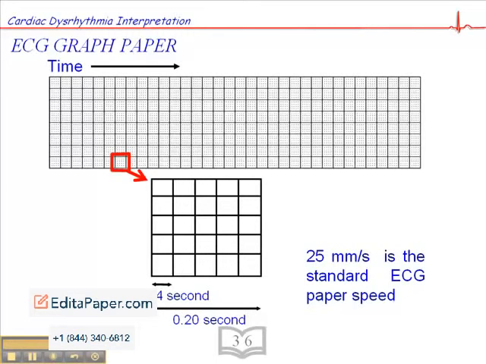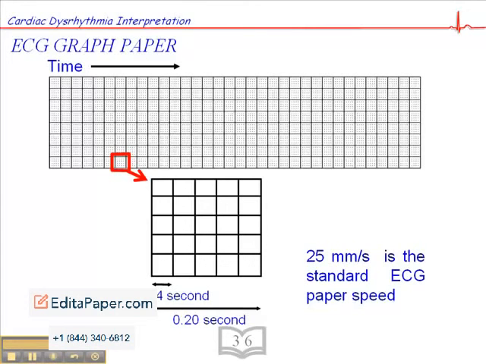I also mentioned the paper speed because some monitors give you the option of changing the paper speed from 25 to 50 millimeters per second. You usually see those in the hospital, the larger cardiac monitors rather than the transport monitors. The rationale for having the ability to adjust the paper speed up to 50 millimeters would be, for example, if you had a newborn.